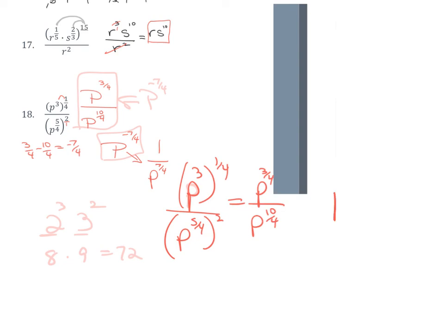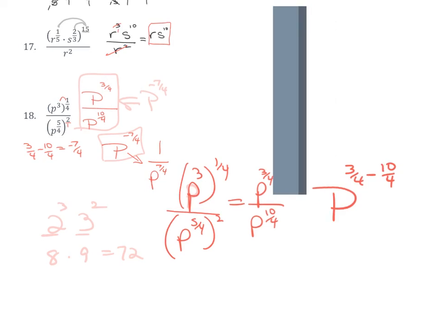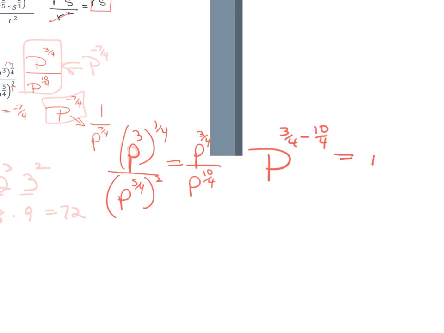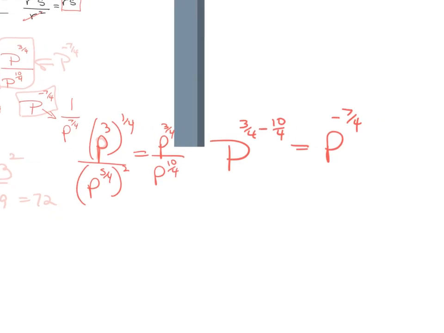So really what I'm doing here is P to the 3/4 minus 10/4 power. It's not a fraction, it's just sitting there like a whole number. Okay, and then I would subtract, and then I end up with P to the -7/4 power. Whenever it's a negative exponent, we would take that, think reciprocal, put it underneath a 1, and make it positive.